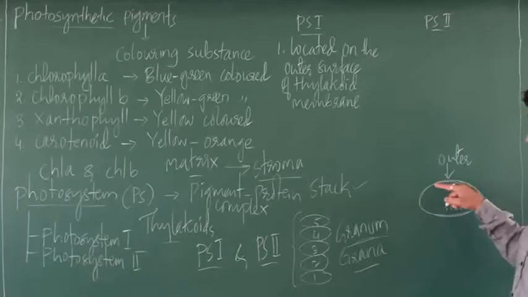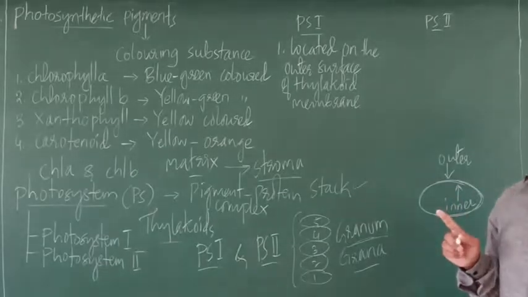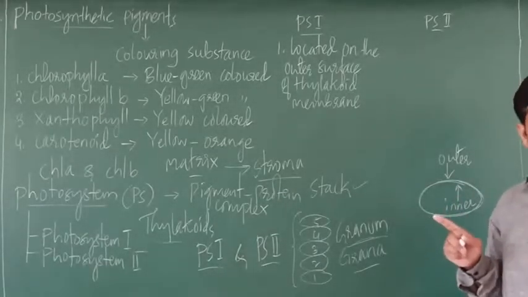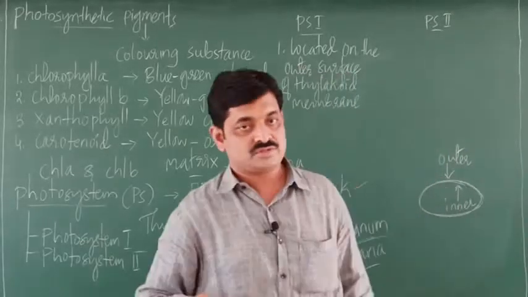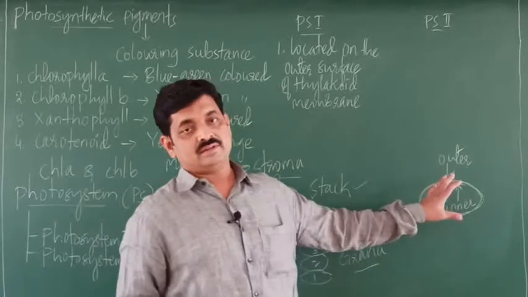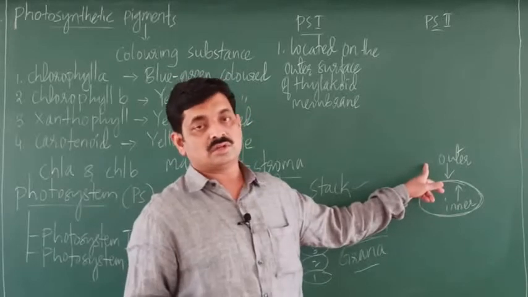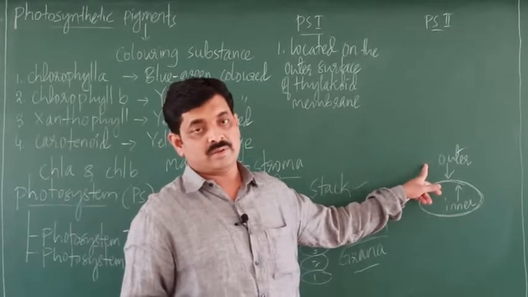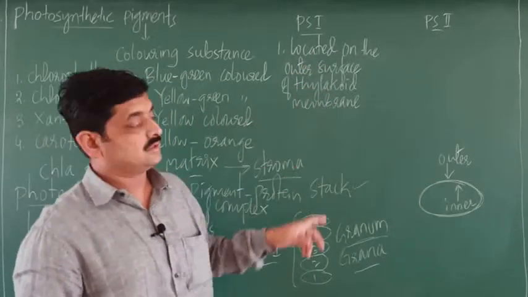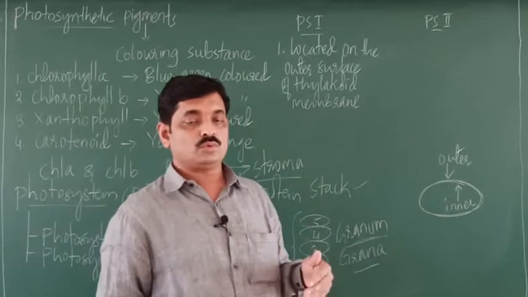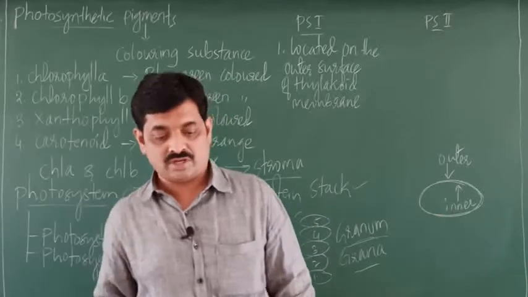So outer surface and inner surface of thylakoid membrane. Fine. So these two photosystems, that is photosystem 1 and photosystem 2, they are located in thylakoids, where photosystem 1 is present on the outer surface of thylakoid membrane. It is located on the outer surface of thylakoid membrane. Whereas photosystem 2 is located on the inner surface of thylakoid membrane.